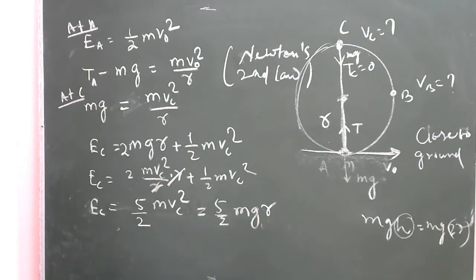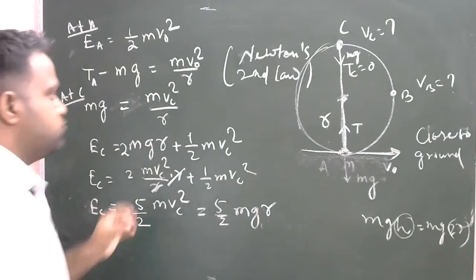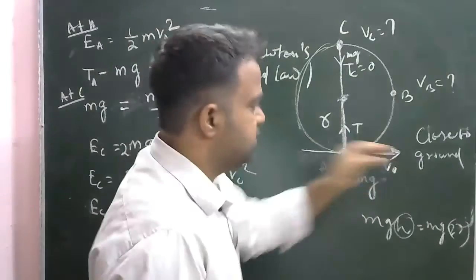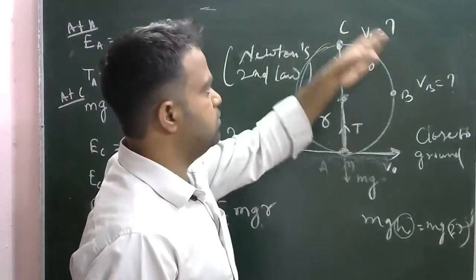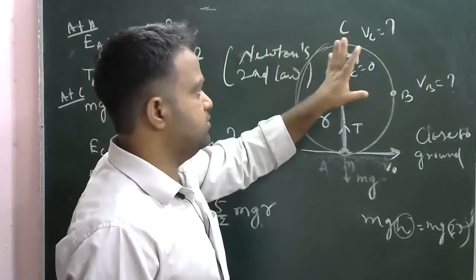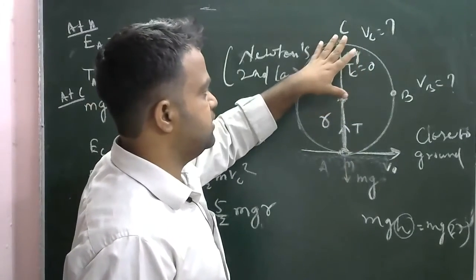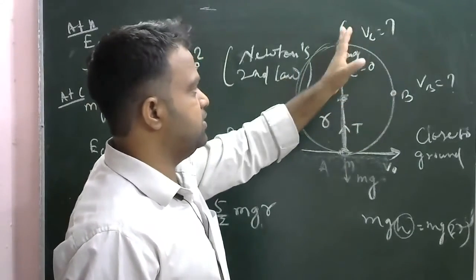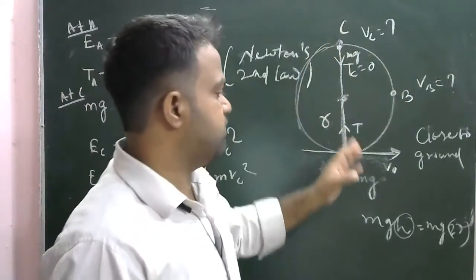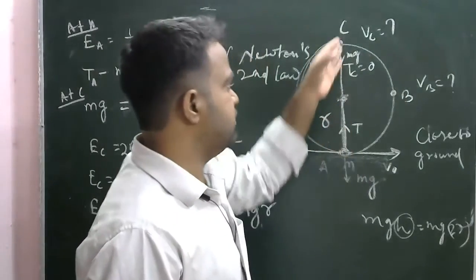So what should be our initial velocity v0, so that it will go at least up to this one? Without slackening. The tension will be 0, but it can easily go up to position C. Below that velocity, it will not even go this much.